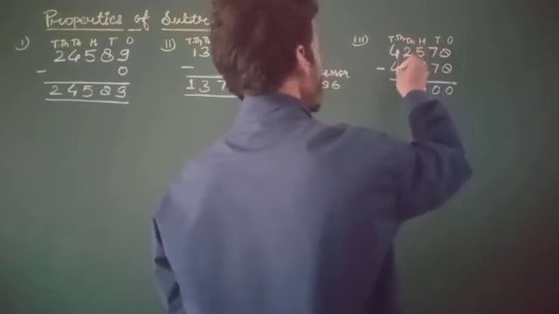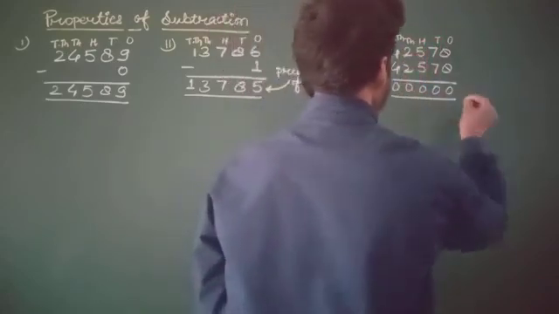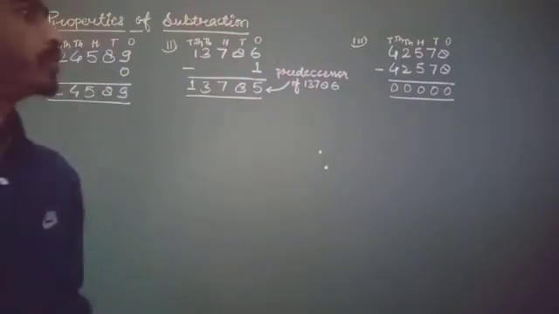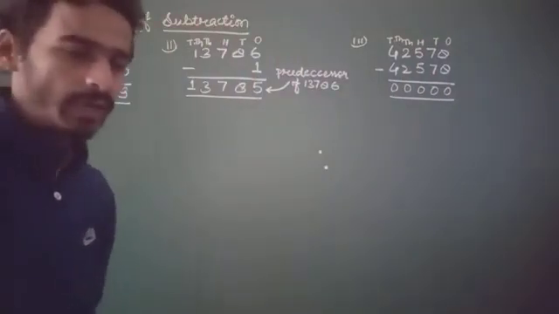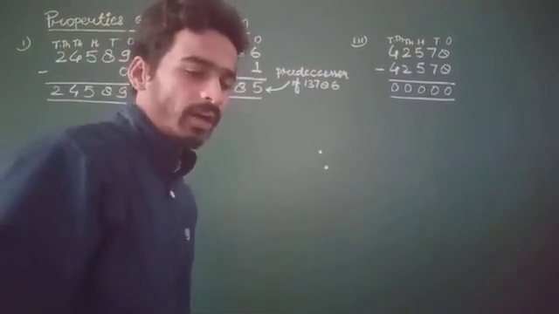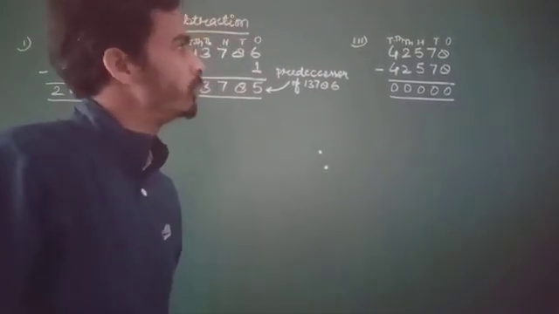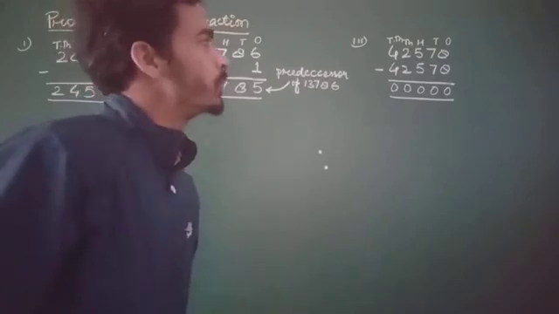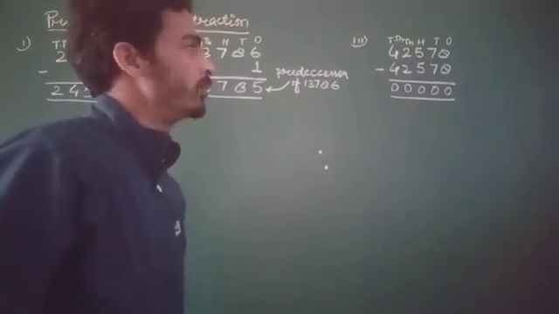And 4 ten thousands minus 4 ten thousands is 0. So the answer is 0. When a number is subtracted from itself, the difference is 0. So 42,578 minus 42,578 is equal to 0.